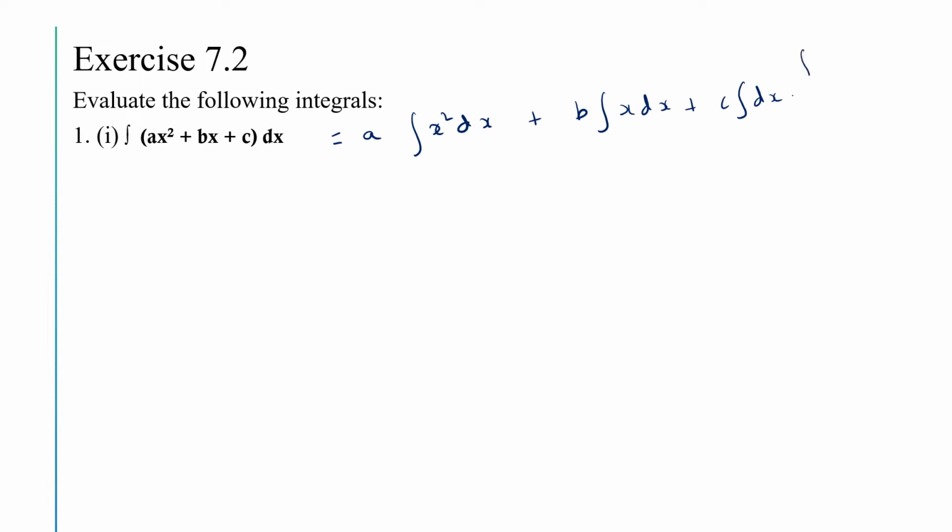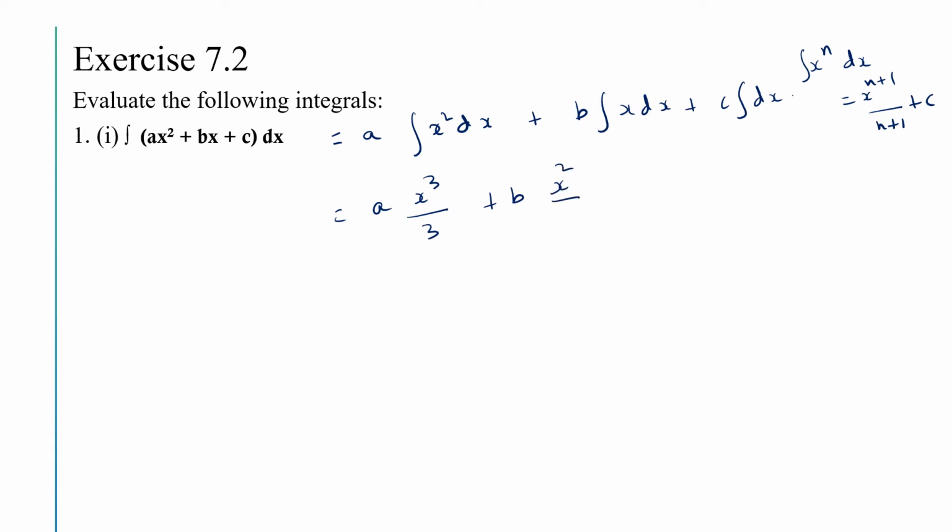Now using the standard formula for integrals, integral x raised to n dx is equal to x raised to n plus 1 by n plus 1 plus c. Using this, we can see that this is equal to a into x raised to 2 plus 1 is 3 divided by 2 plus 1 is 3. So a into x cube by 3 plus b into integral x dx is x raised to 1 plus 1 by 1 plus 1.